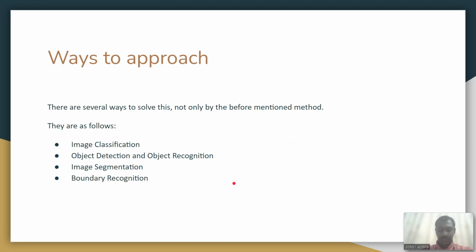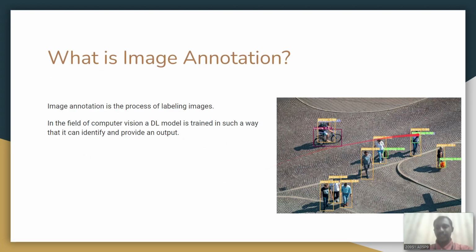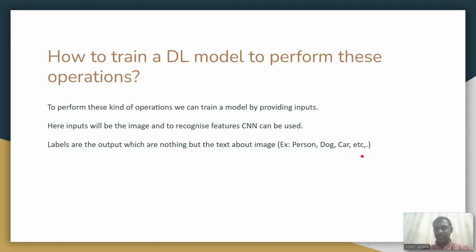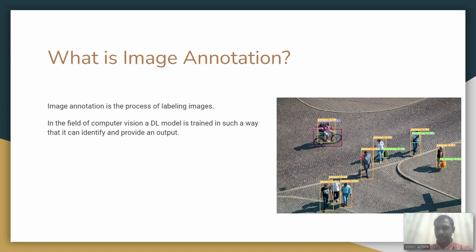And boundary recognition is basically edge detection, where the edges are detected, and with the help of that we determine whether there is an object or something which is different or not, or whether anything even exists in the image or not.